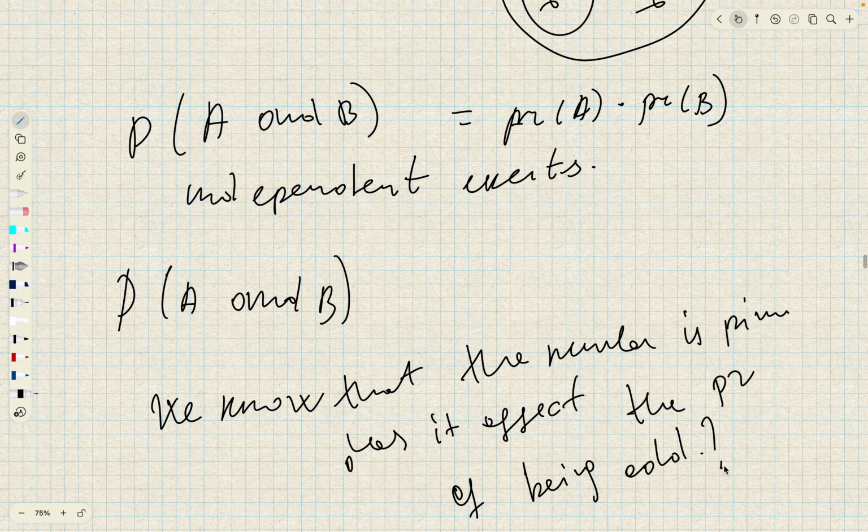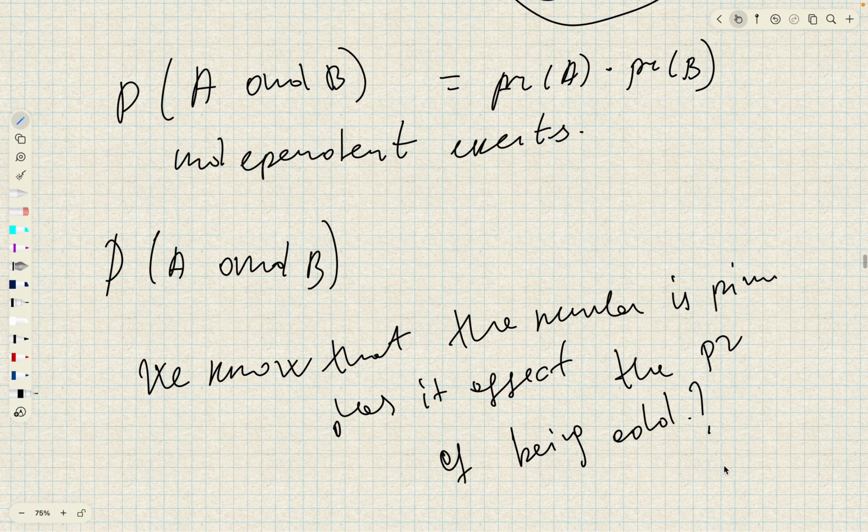The answer is yes. It turns out that actually all of the prime numbers are odd numbers except for 2.